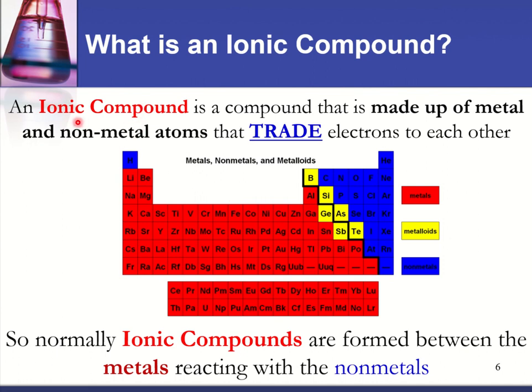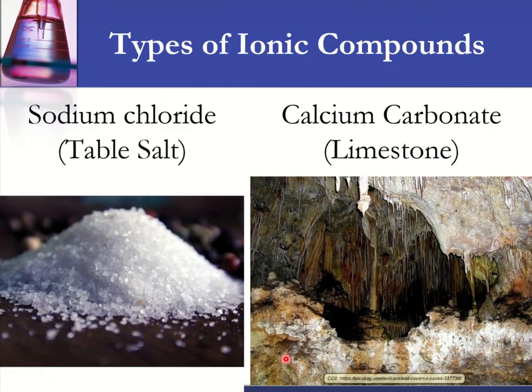You can see here that ionic compounds are formed from the combination of metals and non-metals. So we could have anything in the red here forming with anything in the blue here, and that would produce our ionic compound. We already know some examples of ionic compounds, so sodium chloride, that's your table salt. Calcium carbonate, that's your lime water.